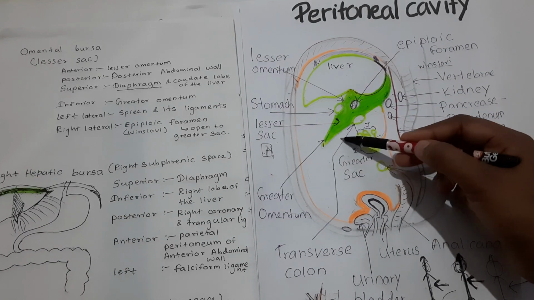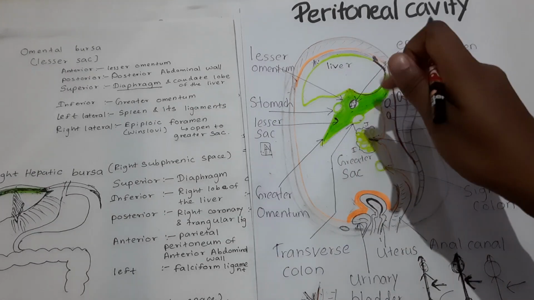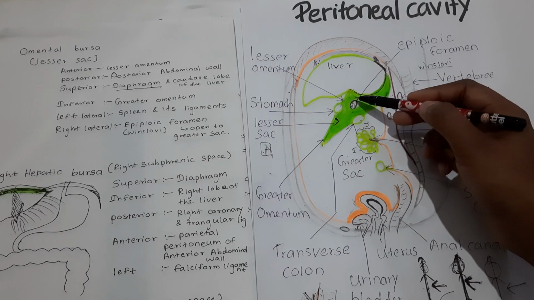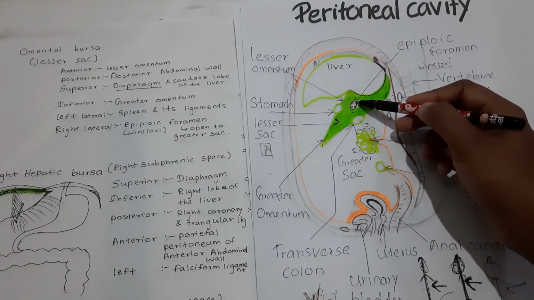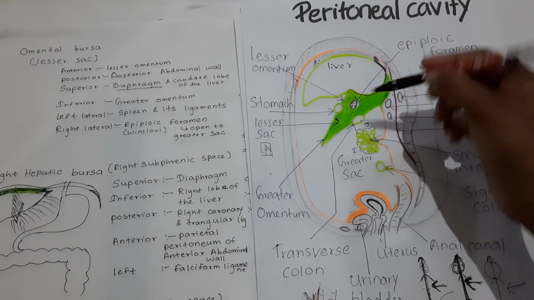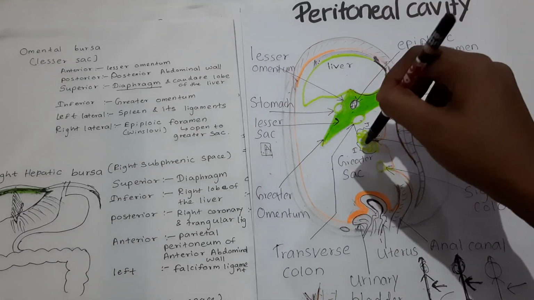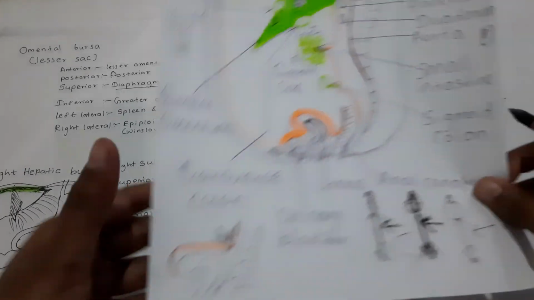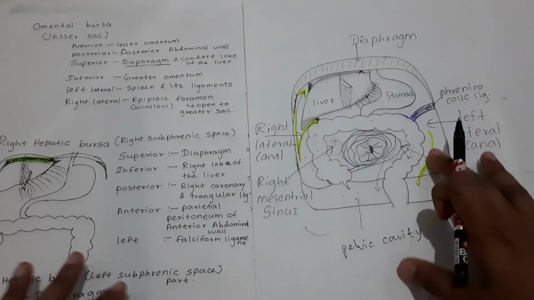Inferiorly the greater omentum, left lateral is the spleen and its ligament, and right lateral is the epiploic foramen, also called the foramen of Winslow, right. The lesser sac communicates with the greater sac through the epiploic foramen.